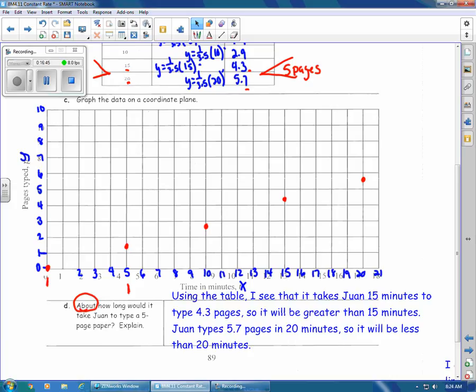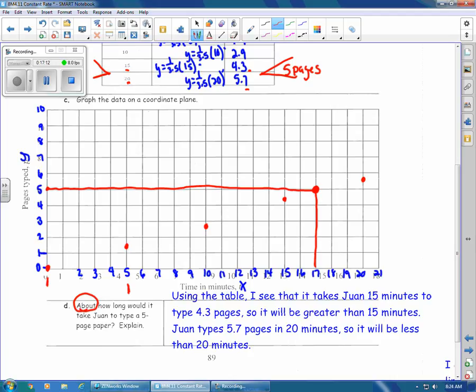The other thing that I can look at when I'm trying to figure this out is the graph. If I look at the pages typed here at 5, and I follow that line across to where I think the data would cross this 5 line, if the trend continues, I'm guessing right about here, and then I follow it down.